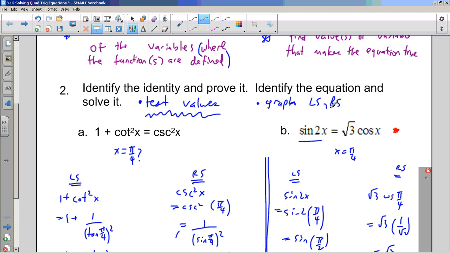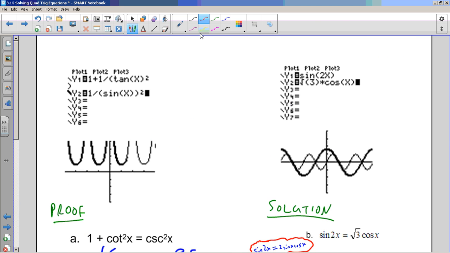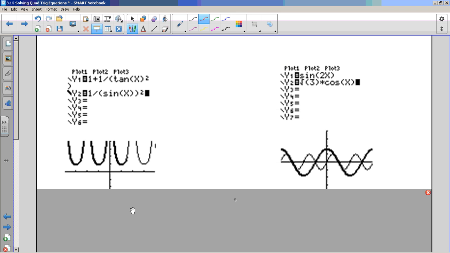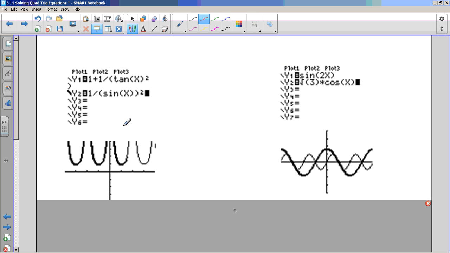Another way, and we saw this last class, or maybe 2 classes ago, is that we could pull out a calculator, graph the left side and the right side, y equals the left side and y equals the right side, and check it out. So here I did that. Here's the left one: 1 plus 1 over tan x squared, and 1 over cosecant.